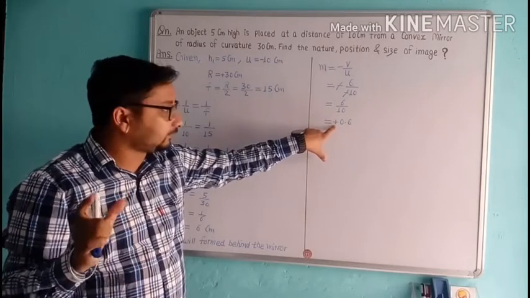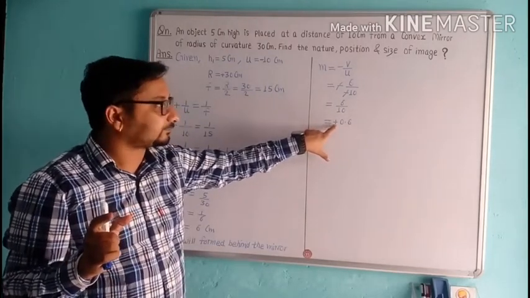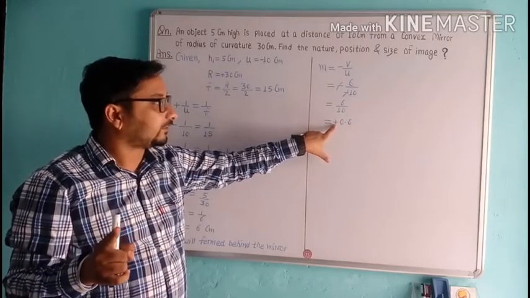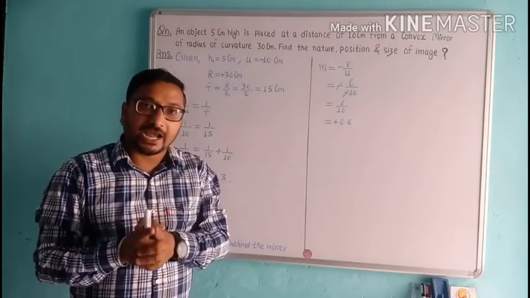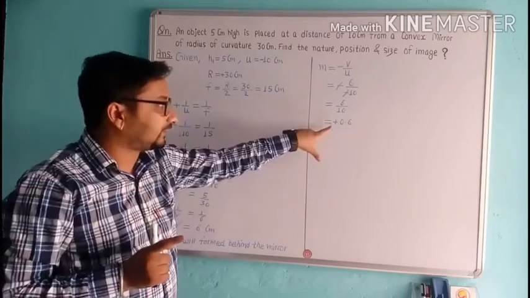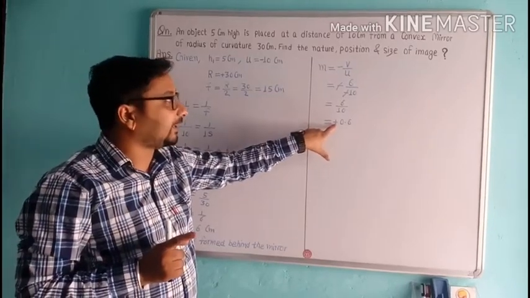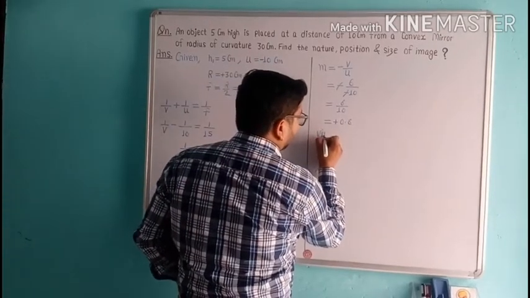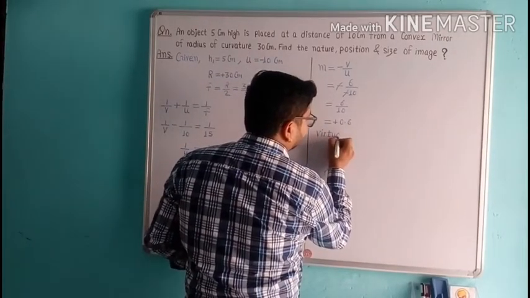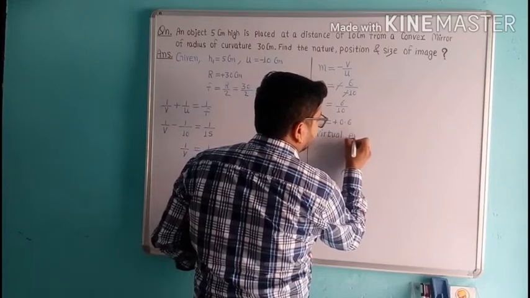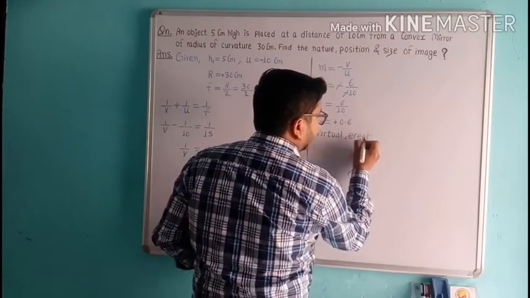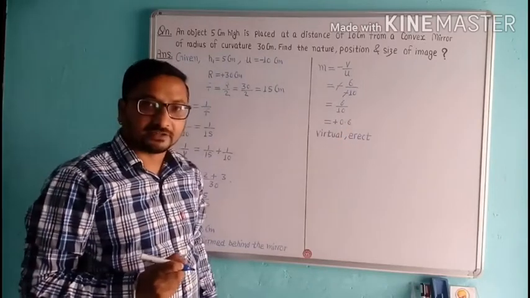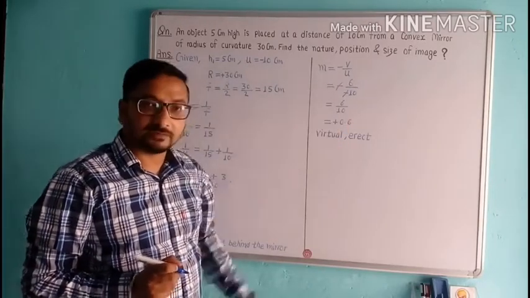Now the plus sign represents that the image will be virtual and erect. And 0.6 is less than 1.